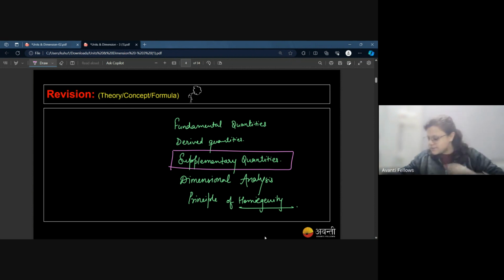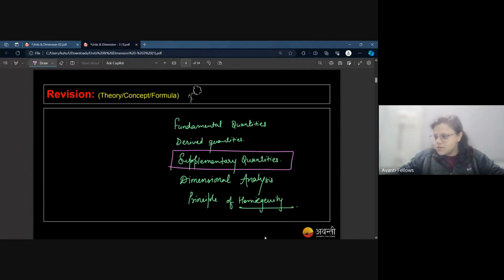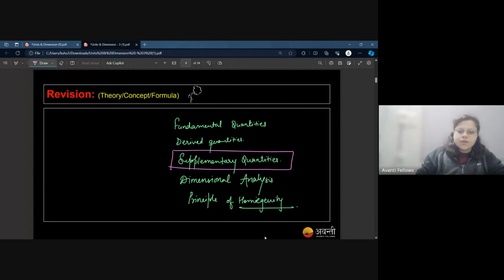Ma'am, those quantities which are dimensionless but have units. Can you give me examples? Ma'am, angle and solid angle. Very nice.